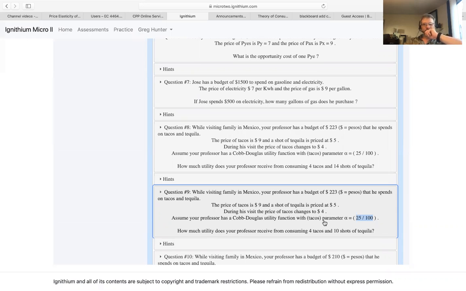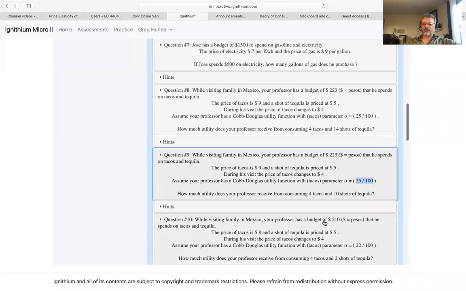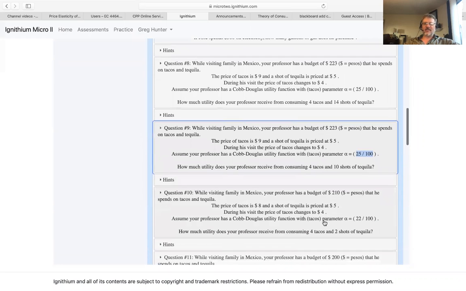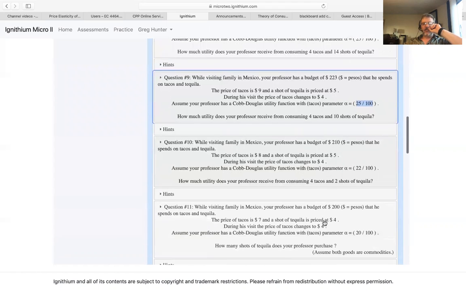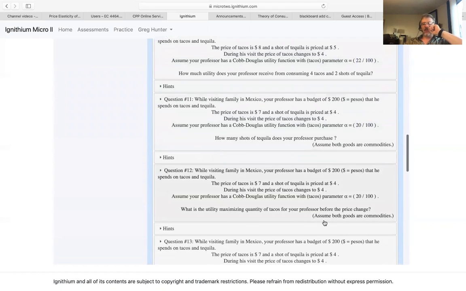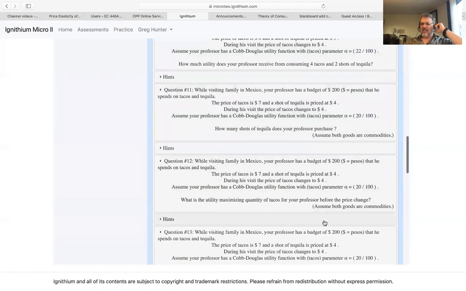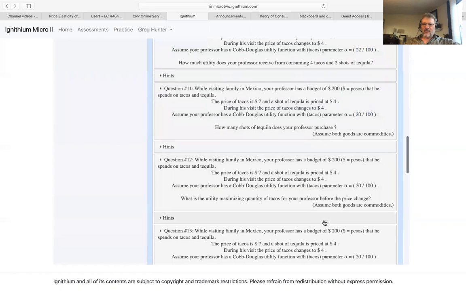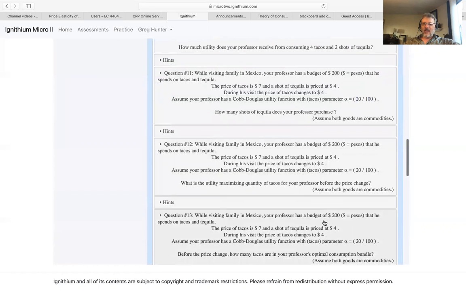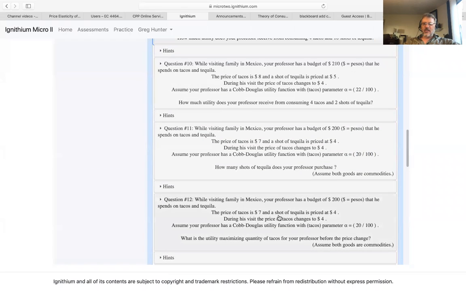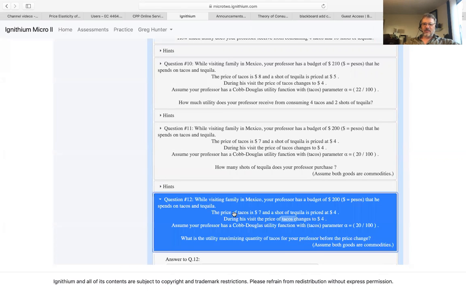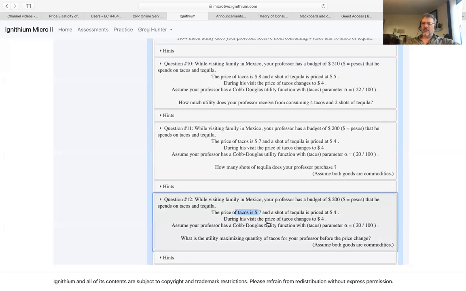And the other thing that happens sometimes, and I would say this is probably a little bit more common than the alpha not being a fraction, is that you'll notice that they're talking about a price change for tacos.